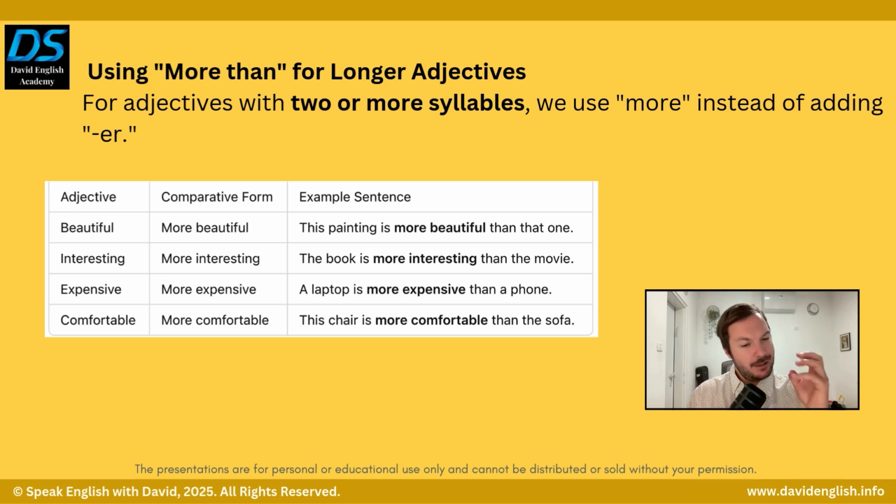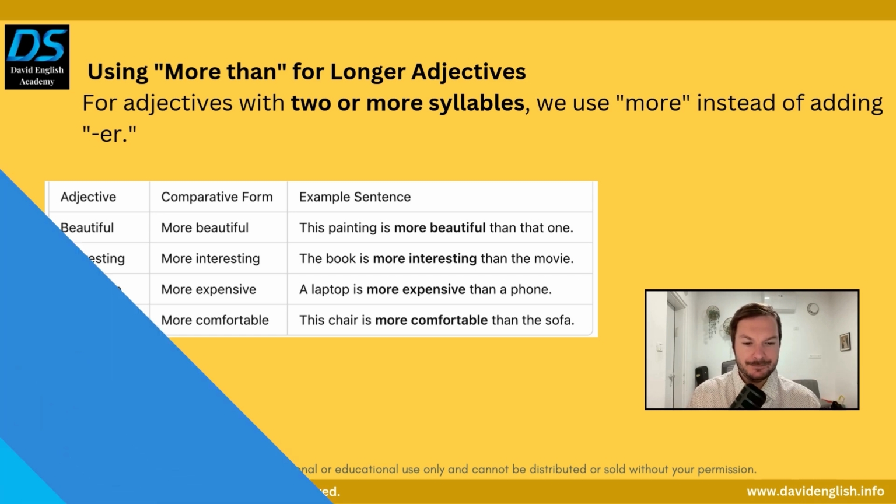Interesting becomes more interesting. The book is more interesting than the movie. Expensive, more expensive. A laptop is more expensive than a phone. Comfortable, more comfortable. This chair is more comfortable than the sofa.